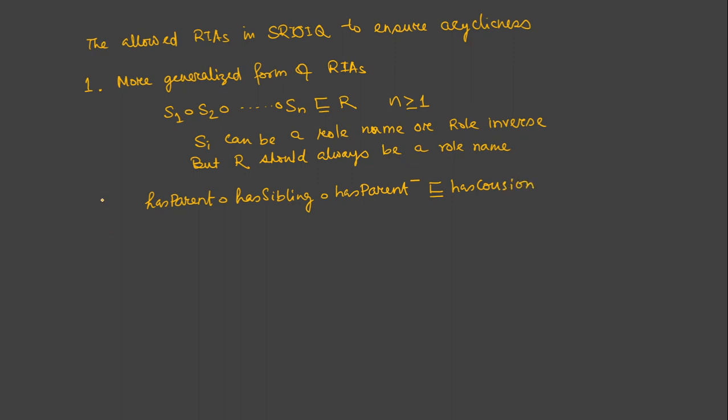Right. Now let's say this RIA, or RIA1, is included in your R box. So this is already in your R box. Now in the presence of this RIA in the R box, you cannot have another RIA of this form: any chain followed by has sibling, followed by has sibling, and then followed by any other chain.